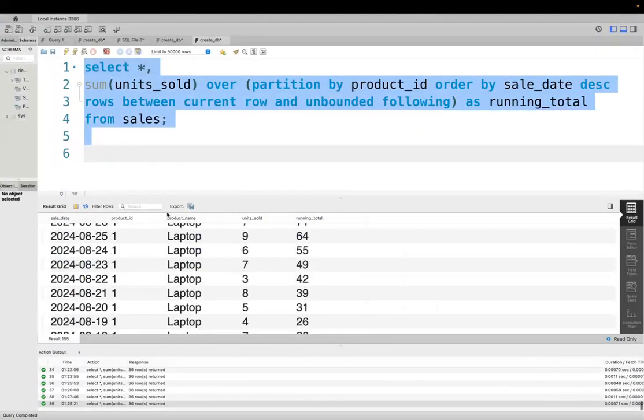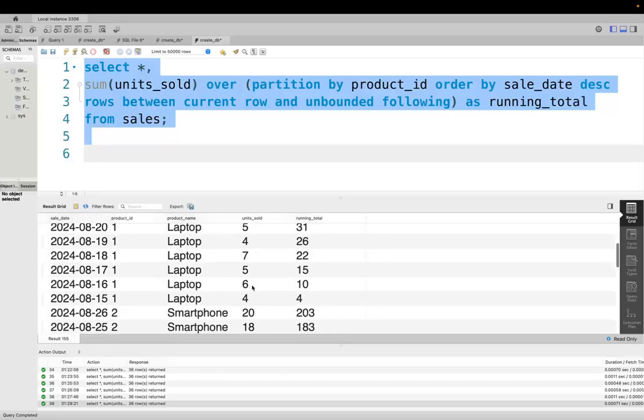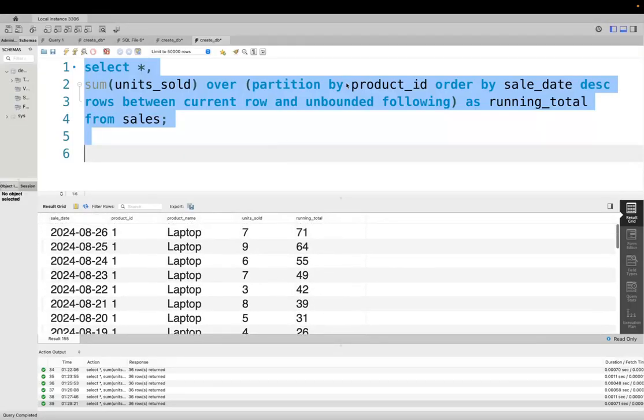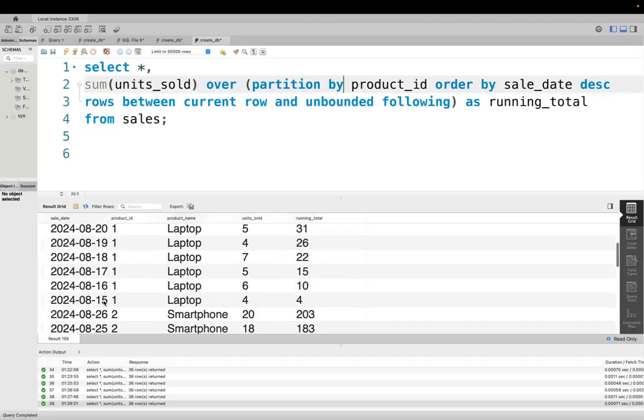Okay, so you can see when we are doing sale date descending, the latest date is at the top and the earliest is at the bottom. So let's say we start from 15, right? Now I'm saying current row and unbounded following. Current row is this one, and is there anything below this?